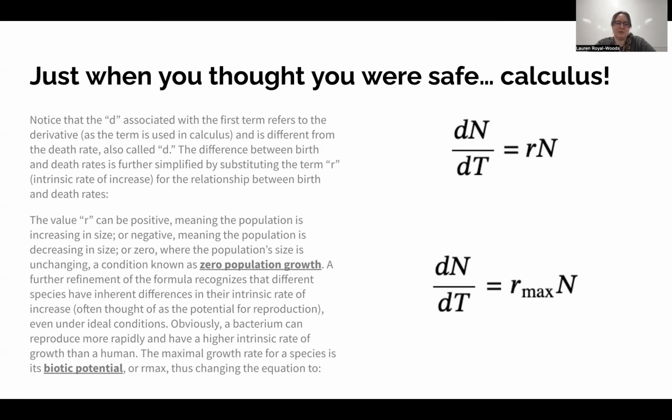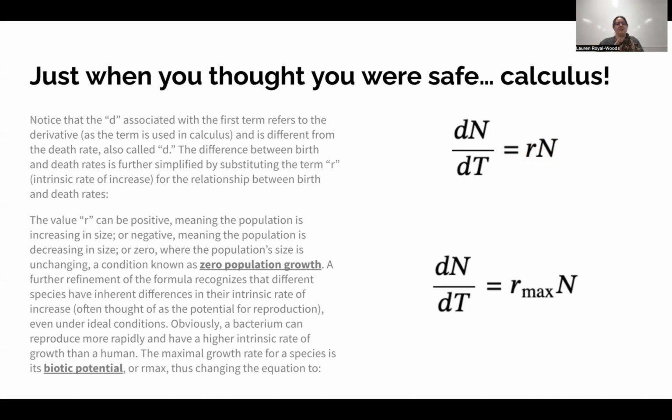So the difference between the birth and death rates is further simplified by sticking in R. We'll just slap the birth minus the death rate in and call that R. The value of R can be positive, meaning the population is growing in size. If R is negative, it's decreasing in size.